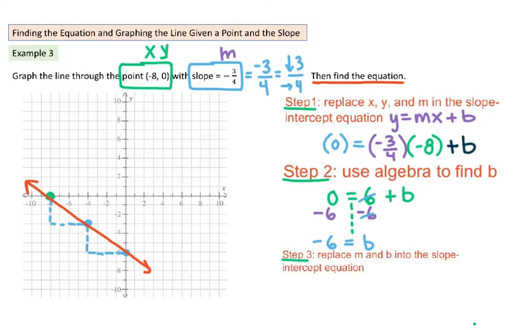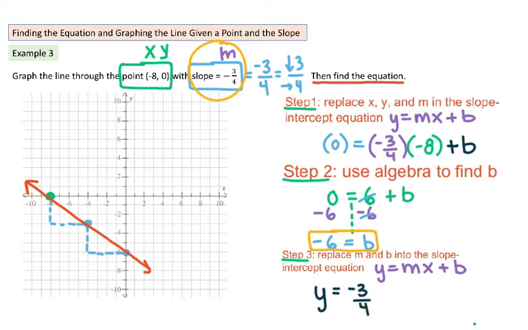Now the last step in finding the equation is we're going to replace the m, which is given here, and the b that we just found into the slope-intercept equation, which is the equation y equals mx plus b. So when we replace those numbers, we get an equation y equals -3/4 x plus -6. So we can just write -6, and there's the equation of the graph. And you can see -6 is the y-intercept, and that agrees with what we found on our graph.